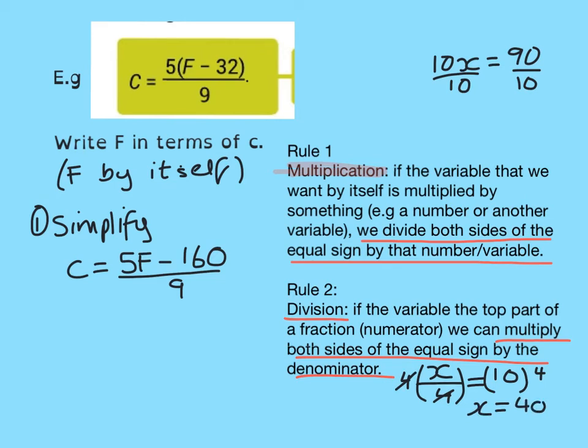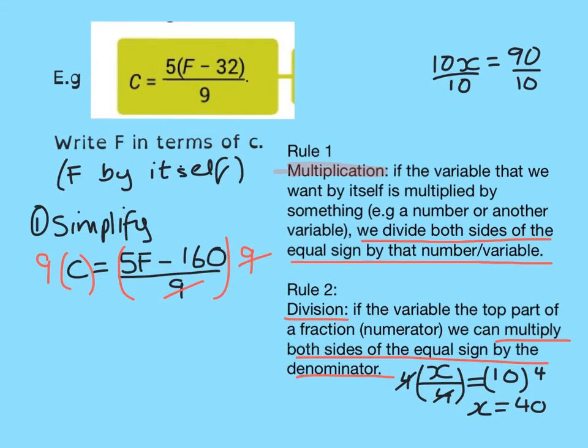Okay, so we're going to use that rule now to get rid of this fraction here. So my second step then is I'm going to take this whole thing and multiply it by 9. And if I do it to one side, I must do it to the other. So I'm going to also multiply that by 9. Now what happens here is that we see these two cancel.